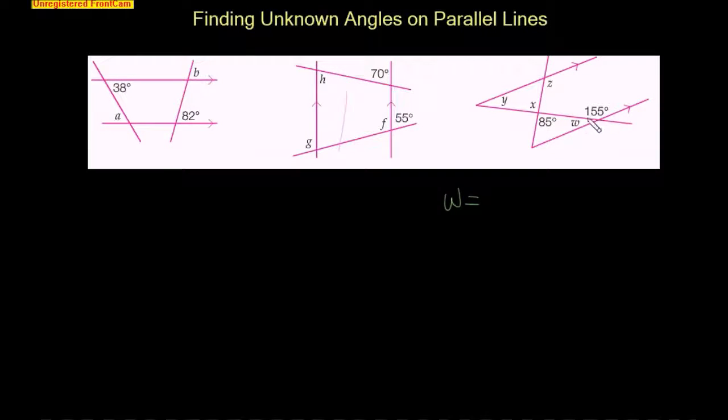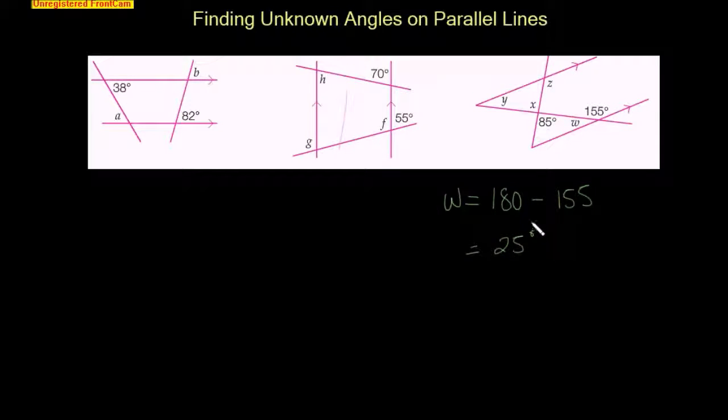W is going to be equal to 180 minus 155, because W and 155 are together on this straight line, so 2 angles on a straight line have to add up to 180 degrees. So here, W has to equal 25 degrees.